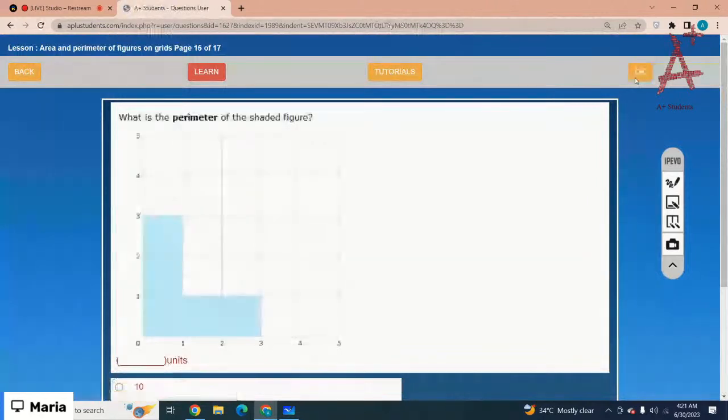What is the perimeter? 1, 2, 3, 4, 5, 6, 7, 8, 9, 10, 11, 12. Okay, it would be 12.